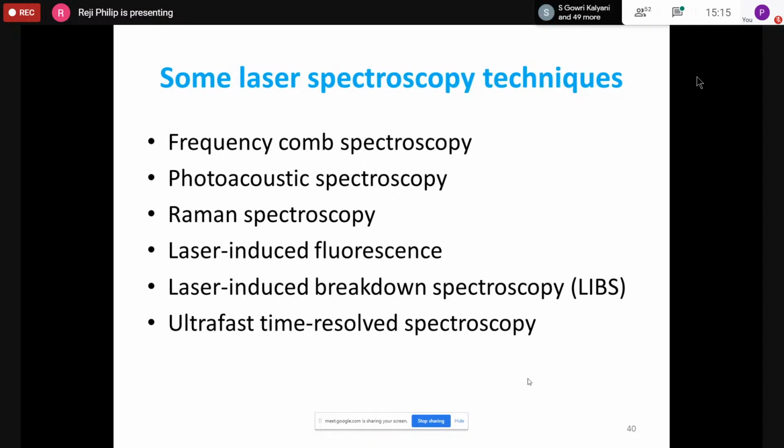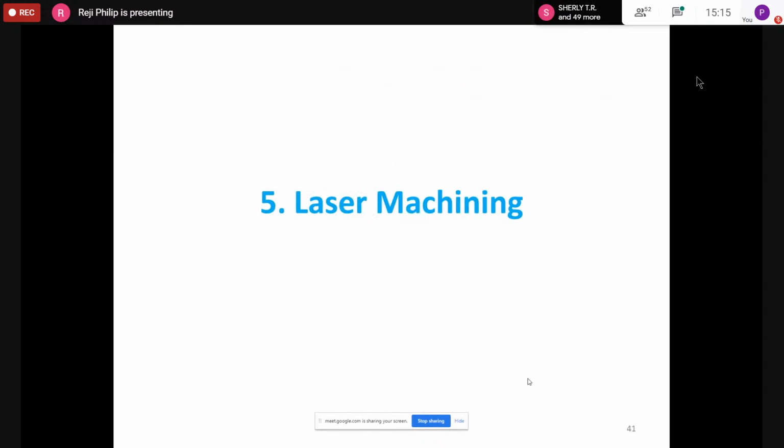So that will give you lifetime information about the upper state. So in this way, even femtosecond kinds of lifetimes have been measured. So all these kinds of spectroscopic techniques are very useful, and there are many of them which border on nonlinear optical methods.